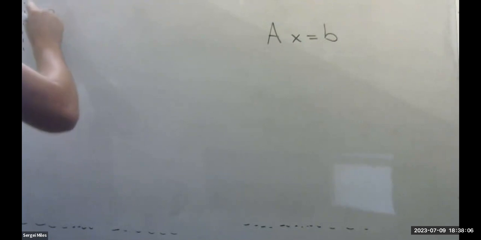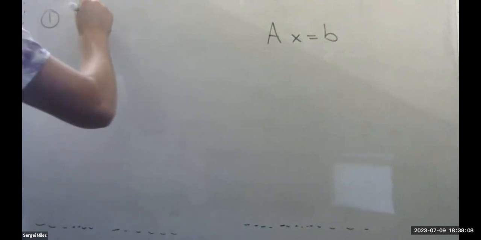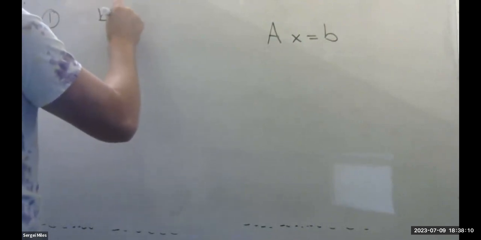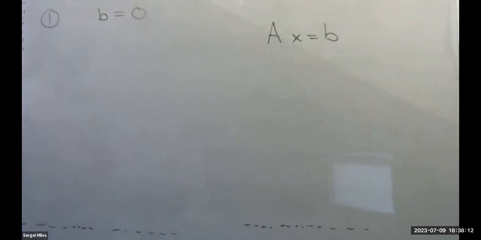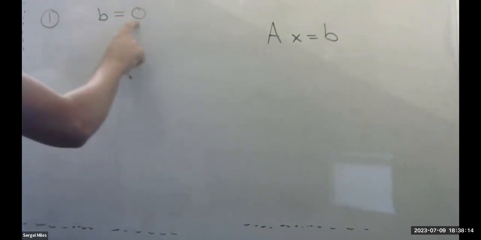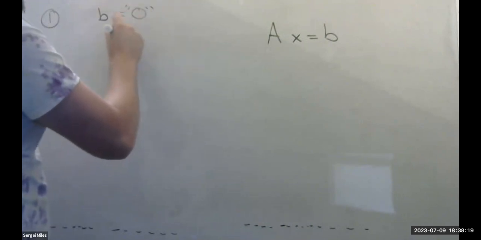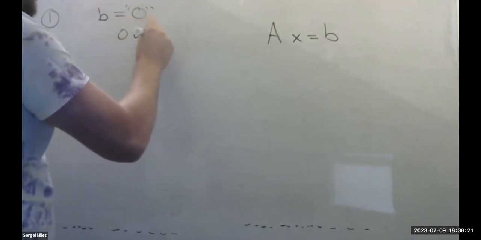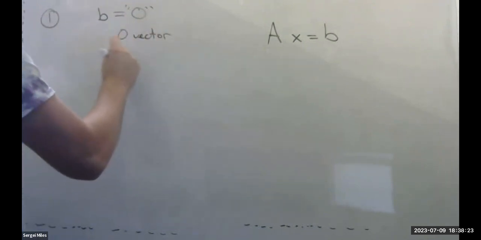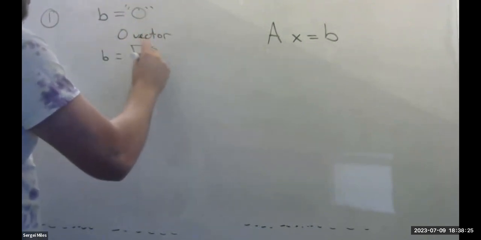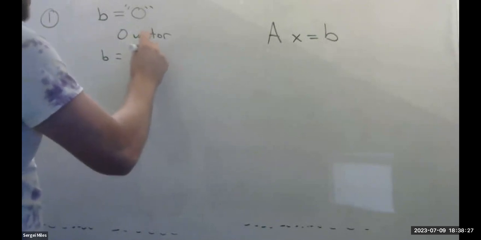Case one, we want to think about, well, what about when B is just 0? Now, when I say 0 here, really this is the 0 vector, meaning B equals a column with all zeros in the entries, right?